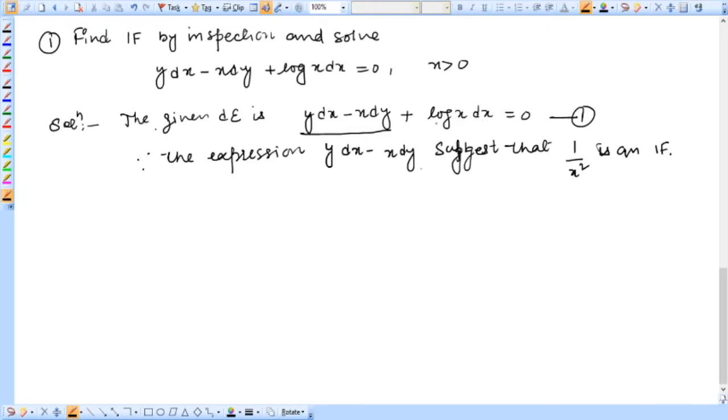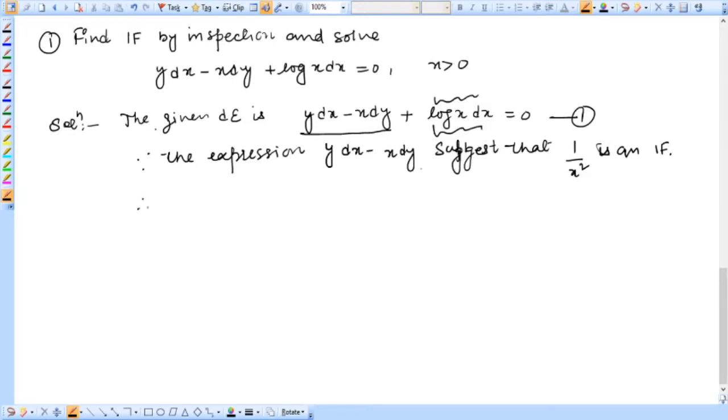Also, you can add that after multiplication with 1 over x square, it would be pretty easy to solve this term. Okay, you can add this to your solution.